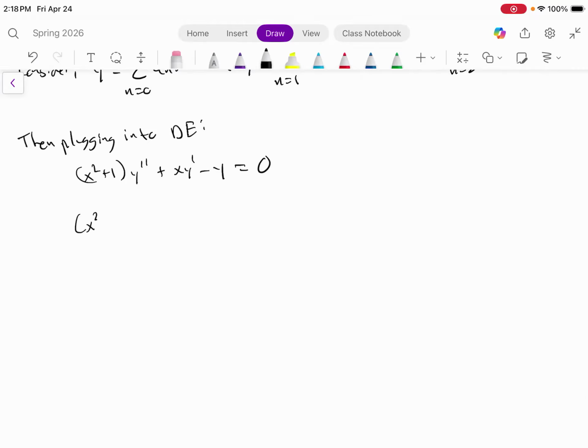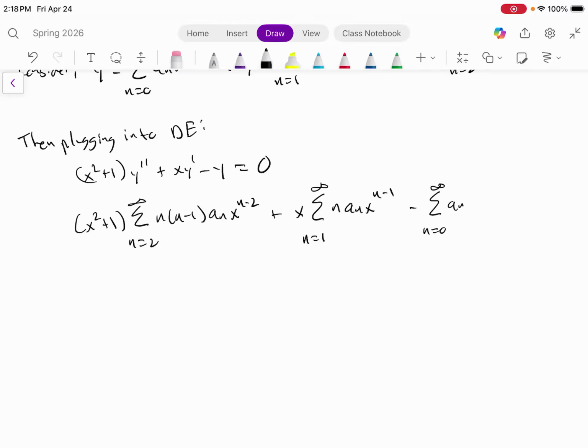This would be x squared plus 1 times the power series n equals 2 to infinity, n times n minus 1, a sub n, x to the n minus 2, plus x times the series n equals 1 to infinity, n a sub n, x to the n minus 1, minus the series n equals 0 to infinity, a n, x to the n. And it all equals 0. Great. So this is our setup.